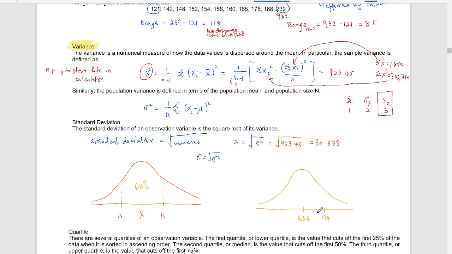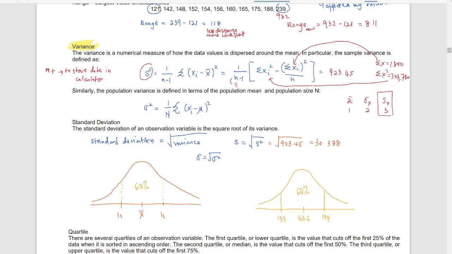If you minus, you're going to get the value to be approximately 133. Okay, what it says here, if you take between these two values, the data inside these two values will be approximately 68% of the total data that you have in your data set.